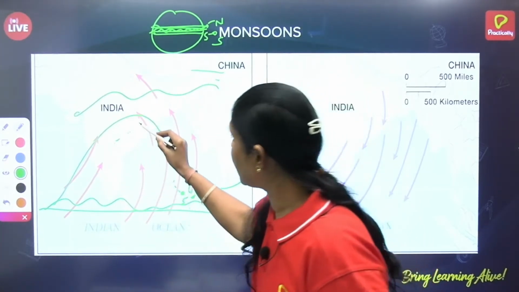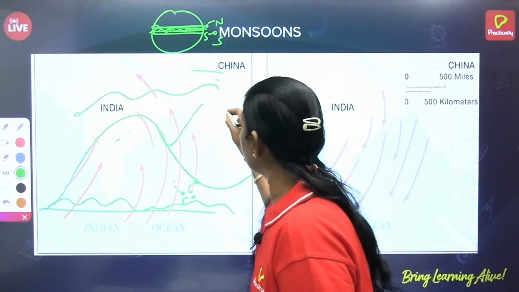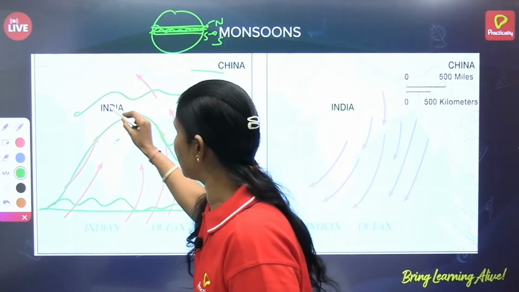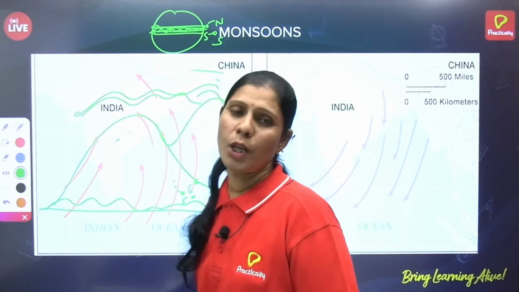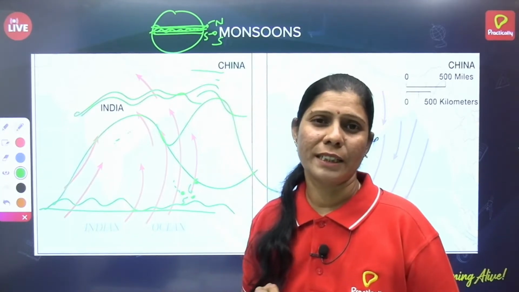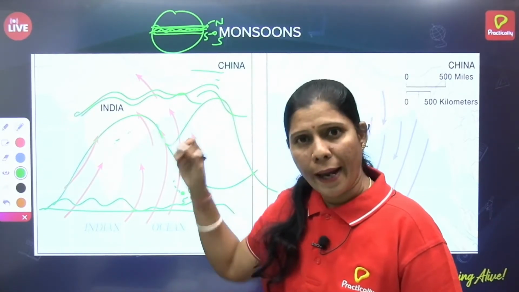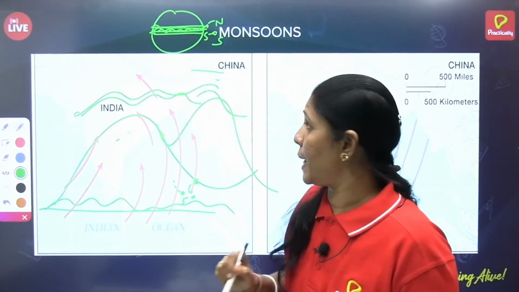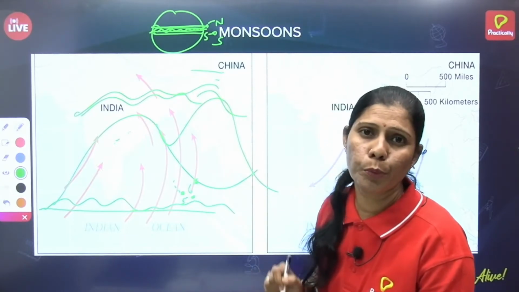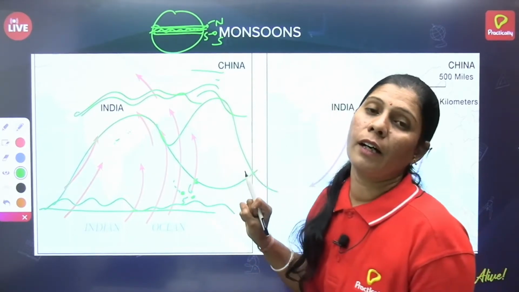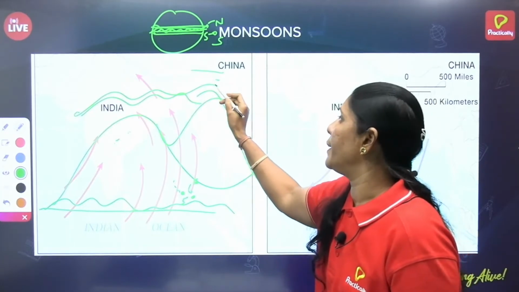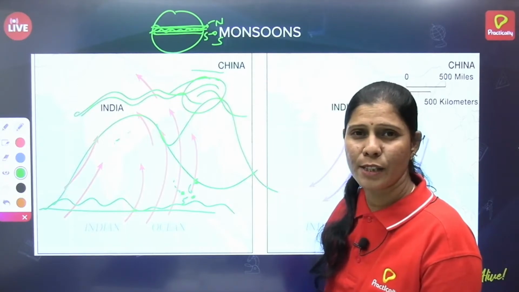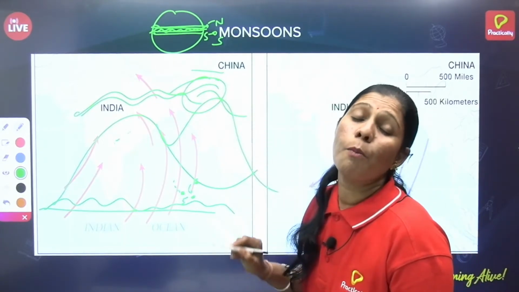Okay, and the intertropical convergence zone increases like this, up to the Ganga plains. Near the Ganga plains, this intertropical convergence zone expands. Due to that, low pressure will be created more at these places, and it attracts the rainy clouds, and those places which are in the intertropical convergence zone experience more rain.